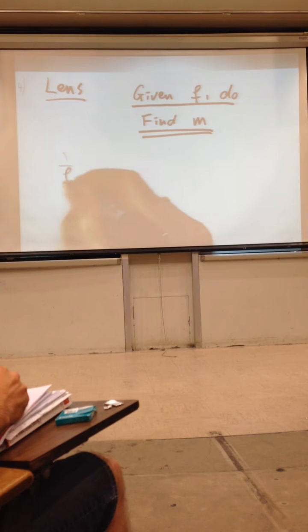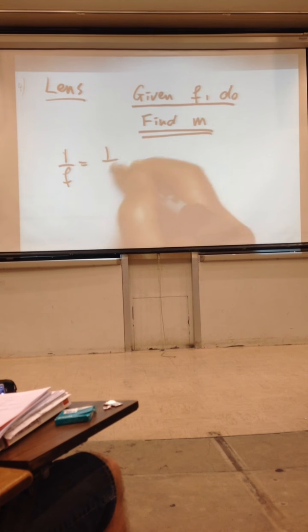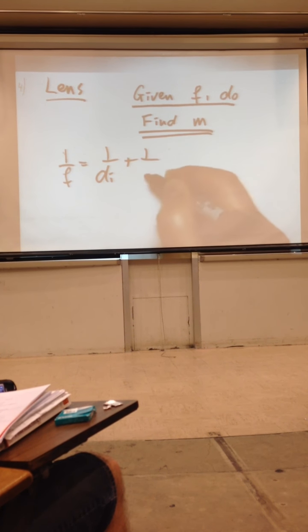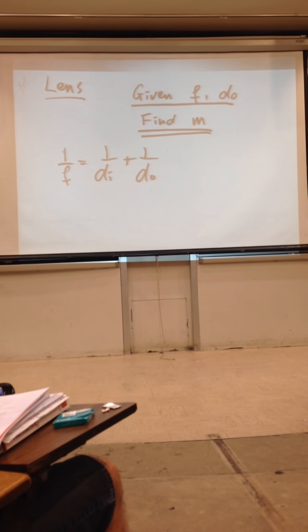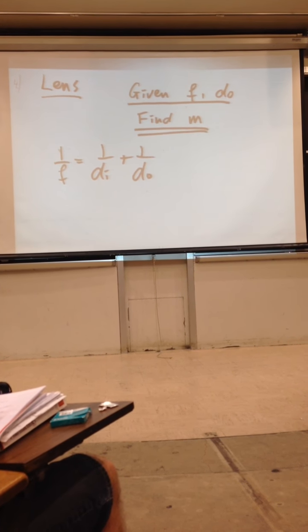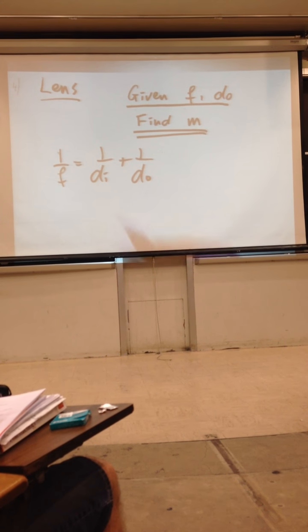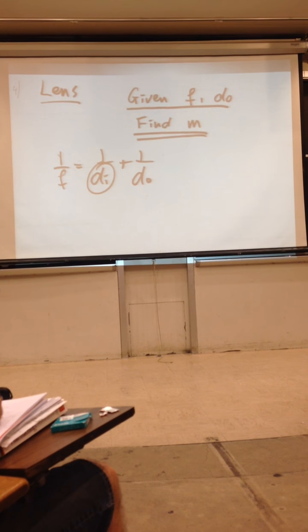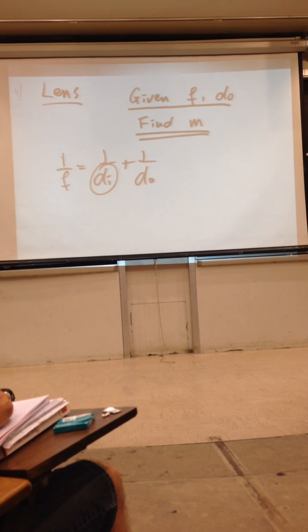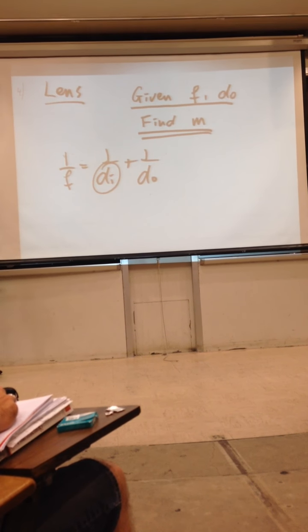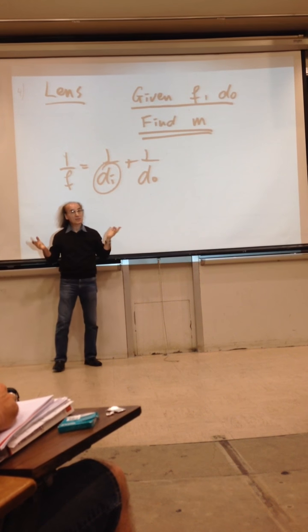1 over f equals 1 over dO plus 1 over dI. From the thin lens equation, determine the image distance, because the other two are given. And then now you know the image distance and object distance.